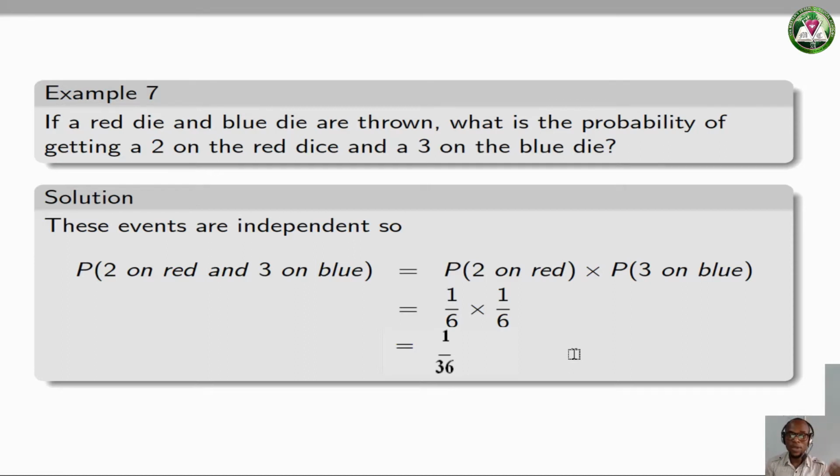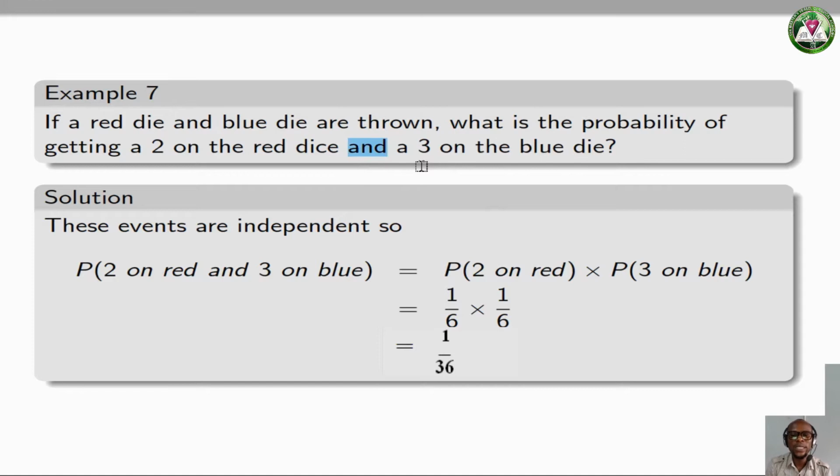So I can decide to have a red die in my left hand and a blue die in my right hand. So what's the probability that 2 will surface on the red die, and you see that word "and" there. Whenever you see the word "and", that tells you that you're going to use the multiplication law. And a 3 on the blue die.